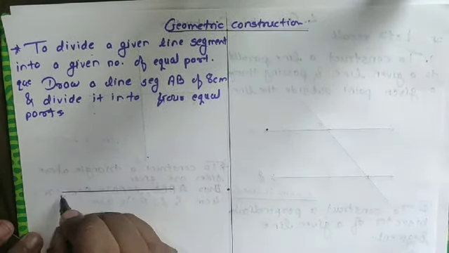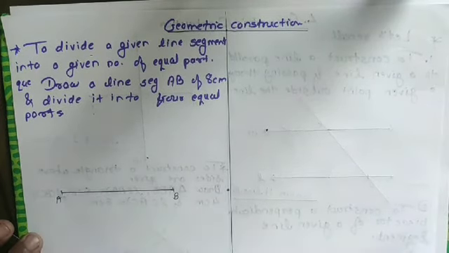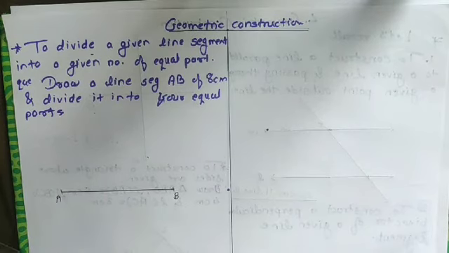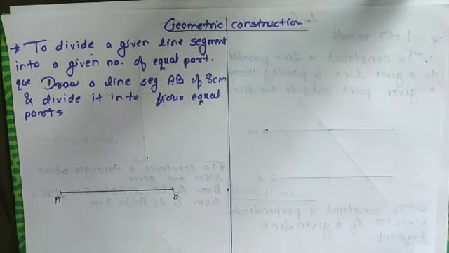This is my line segment AB. Now I have to divide this line segment into 4 parts. So for that I have to take an angle.